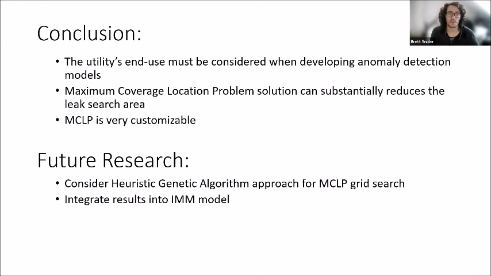And so the maximum coverage location approach is used to predict the specific search area. Analyzing this approach compared to the other models has shown that the maximum coverage solution significantly reduces the search area, benefiting the utility and the customers significantly.